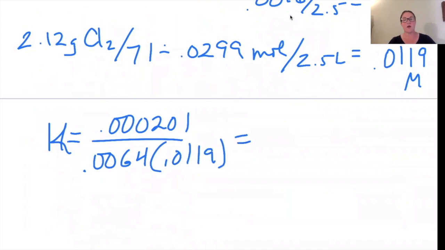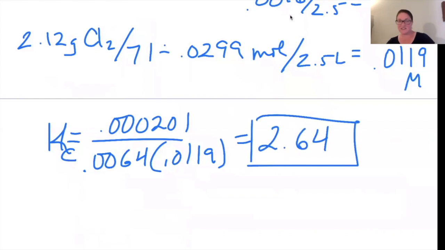And we had no exponents in this problem. There were no coefficients in the reaction. So giving me Kc, 0.000201 divided by 0.00064 divided by 0.0119 gives me 2.64 for Kc.